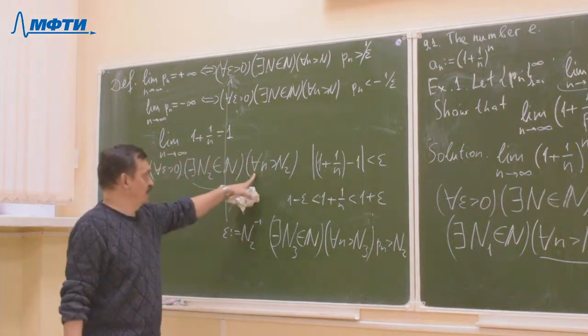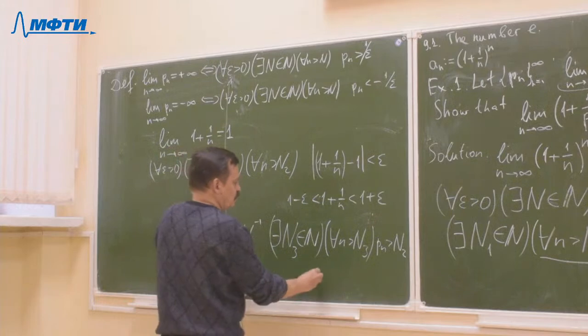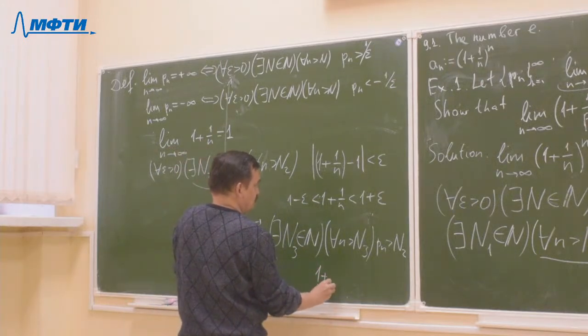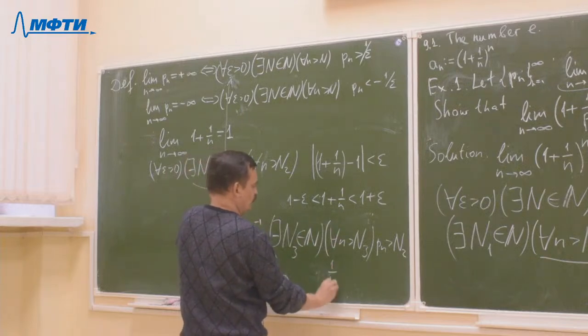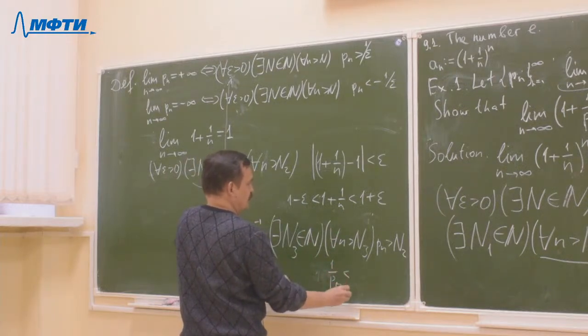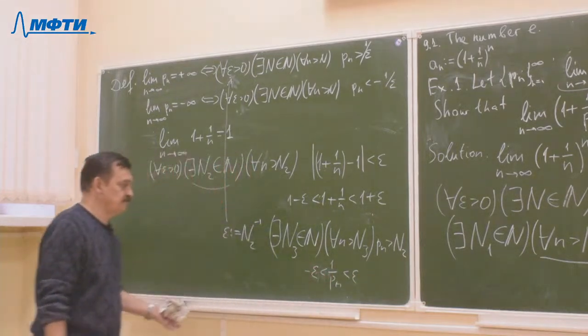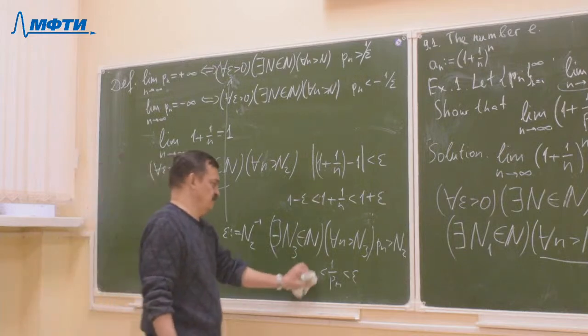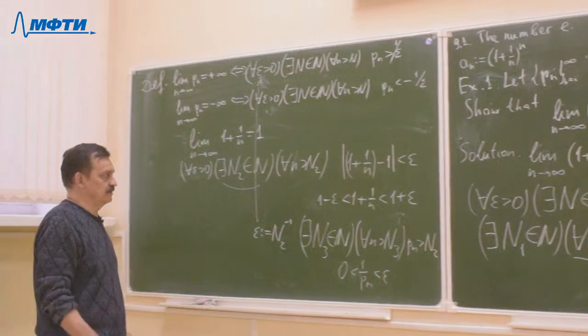And if Pn is greater than N2, then I may write just 1 over Pn less than epsilon and greater than minus epsilon. In fact, of course, here I may use just 0, because we know it's positive, right?